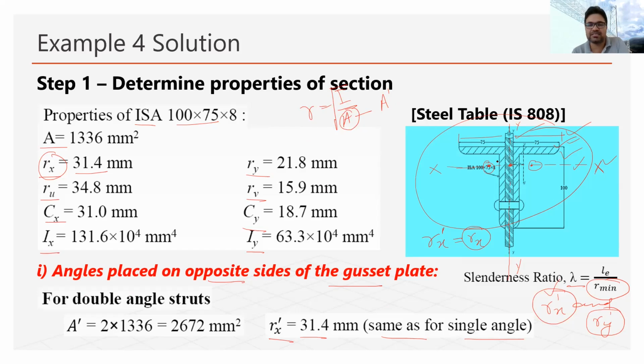As both angle sections are the same, I have written here 2 multiplied by 1336, which is 2672. I found this from the steel table. Multiplying by 2, we find the total area of cross section of the angle sections. So now we found the A value, and we found the Rx value also.